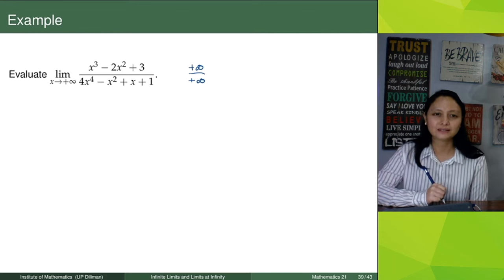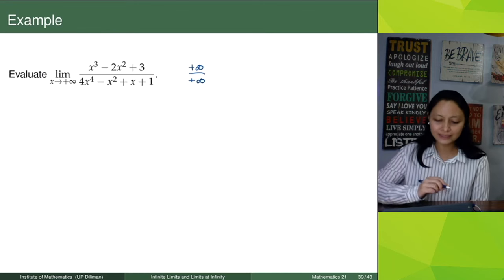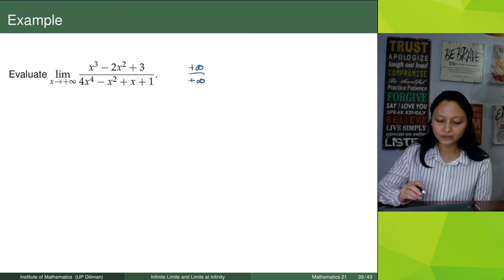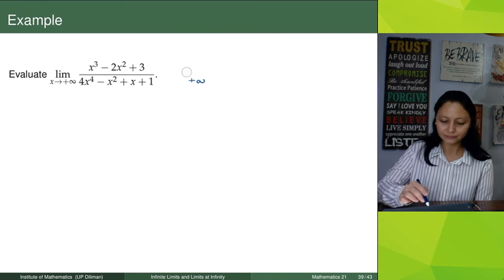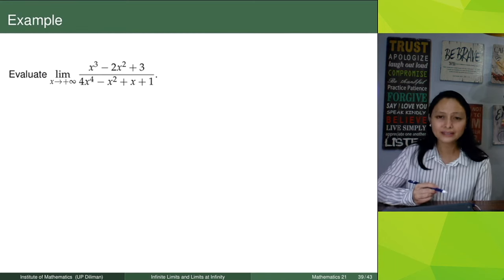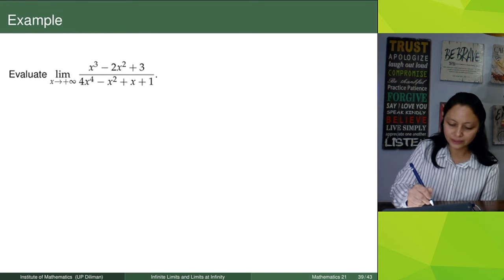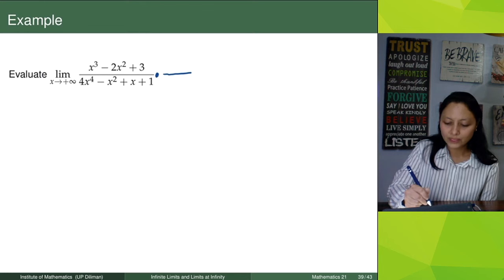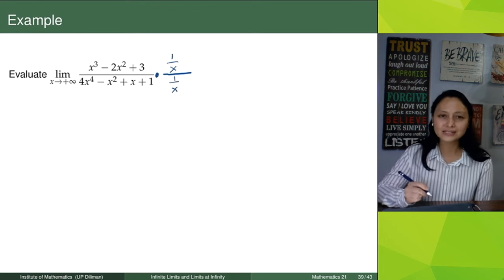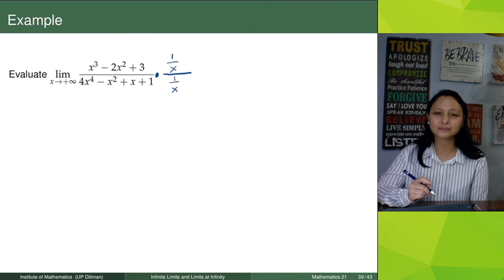Indeterminate form yan. So, what do we do? According to the technique that was mentioned earlier, we multiply the numerator and denominator by 1 over x, where x is raised to the degree of the denominator.